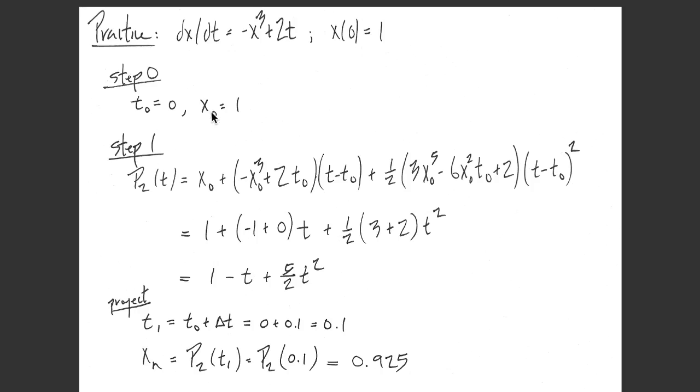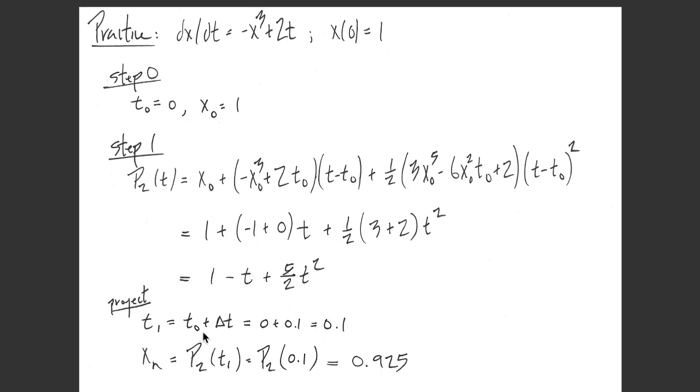And I'm going to now plug in, and notice the index here is n equals 0, because that's the latest solution step that we know. And now I'm going to plug in what I know about x sub 0 and t0. And so I'm just doing that here. And so you wind up with 1 minus t plus 5/2 t squared. And then once you've got the Taylor polynomial, you can just project forward to the solution at the end of this step, of step 1.